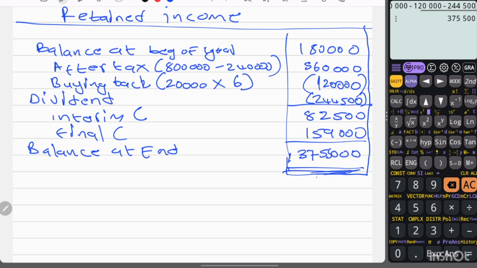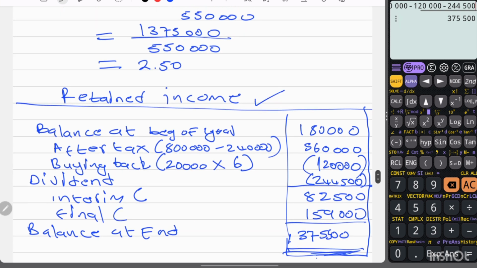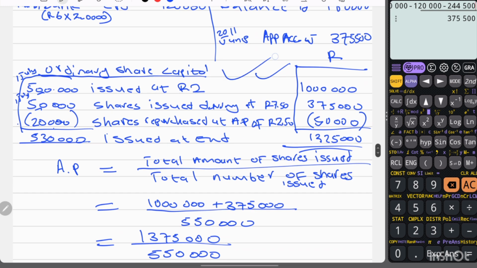Using the note for the return income, and it is also the same with the amount that is appearing on the appropriation account. That means we are correct. But please, guys, make sure you master this return income and this ordinary share capital. Those two notes, they are very important. And make sure you keep on practicing the buying back of shares. Thank you. We are done with our lesson.